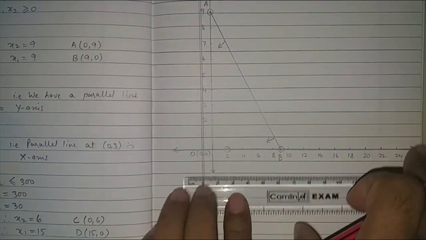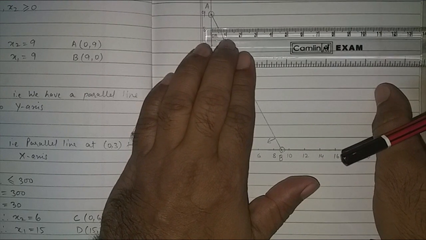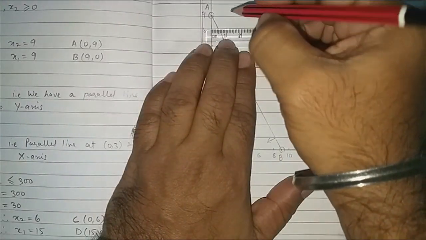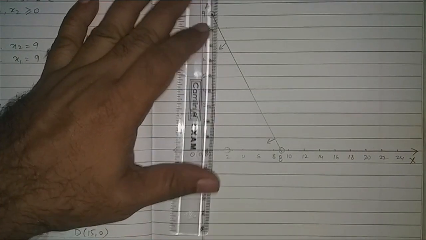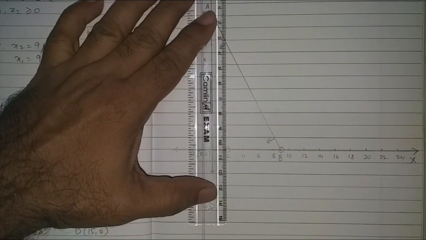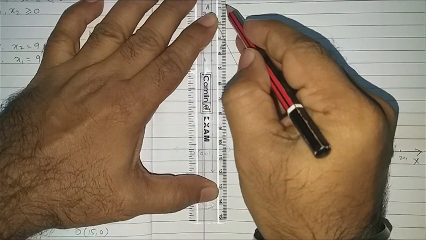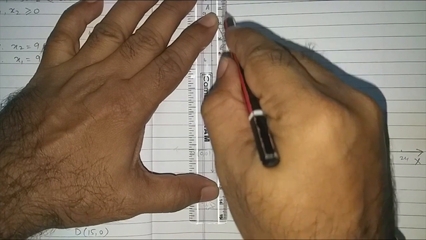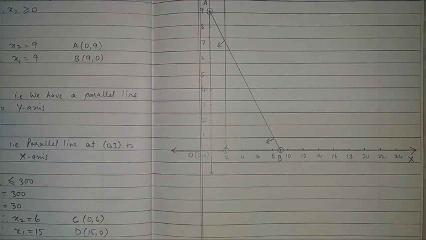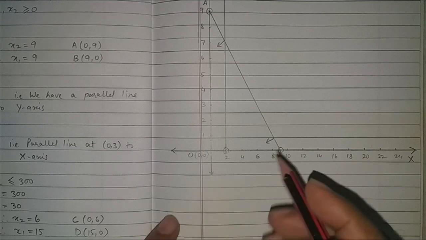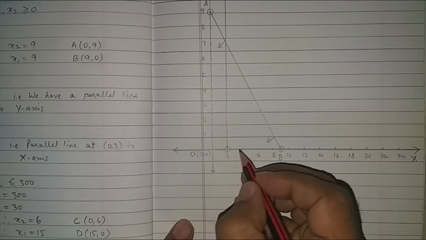Because this is 1 centimeter, I'll just take 1 centimeter here, so that I can draw a parallel line. Okay, so this is my parallel line. This is 2 comma 0.